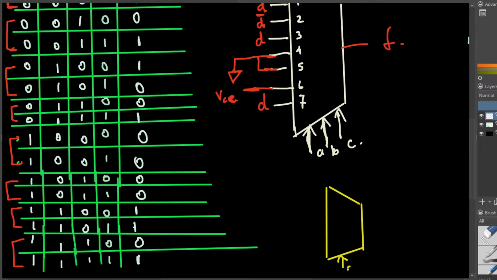Here we can take A, B, and the output is F. This is a 4x1 mux with 4 inputs. This is 0, this is 1, this is 2, this is 3. These are pin numbers: pin 0, pin 1, pin 2, pin 3.